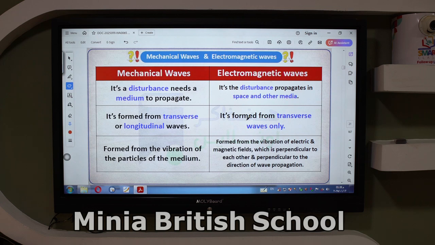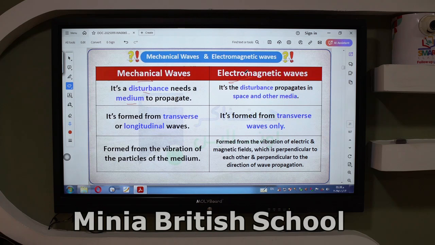We can classify waves into two types: mechanical waves and electromagnetic waves. What about the mechanical wave? It's a disturbance, and it needs a medium.